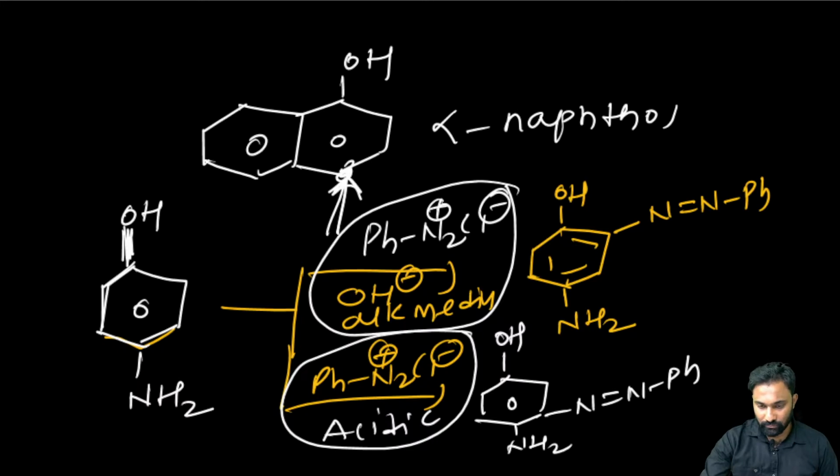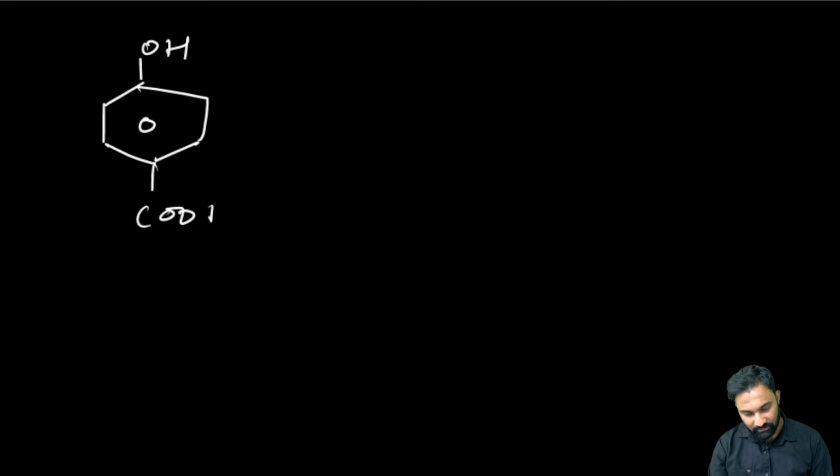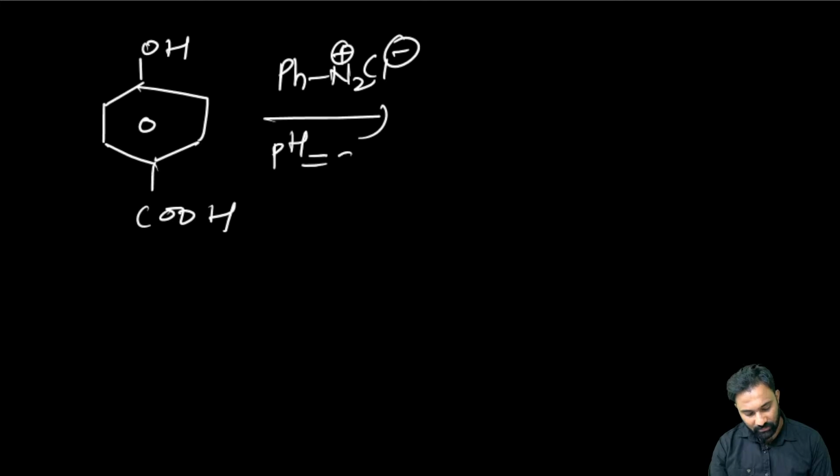Next one, very important, my dear friend. You have to remember that if OH is given, and next one a carboxylic acid if they have given, and again the coupling reaction with N2+ and Cl-, and the pH they have taken is 9 to 10.